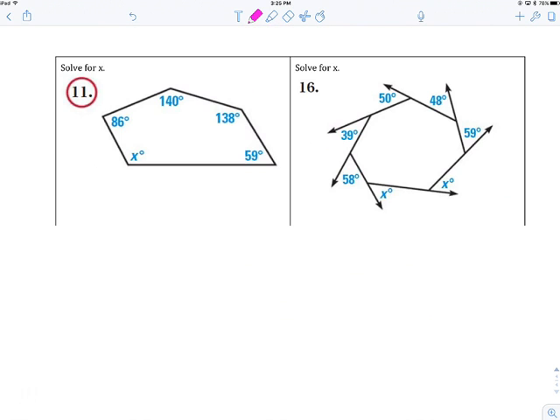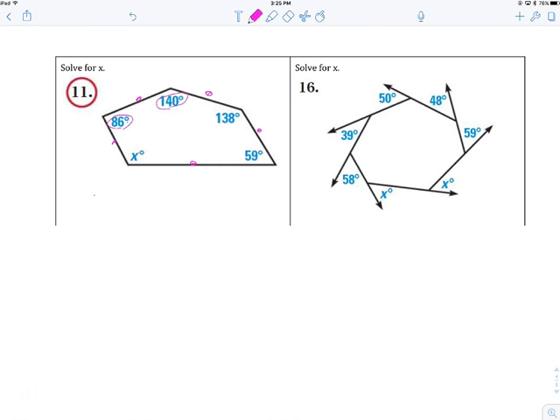Well, let's see. It doesn't say this is regular, and I can tell it's not because these 2 angles are not the same. So if it's not regular, all we know is how many sides there are, so the total. Right? So there are 1, 2, 3, 4, 5 sides, which means there's 5 angles.